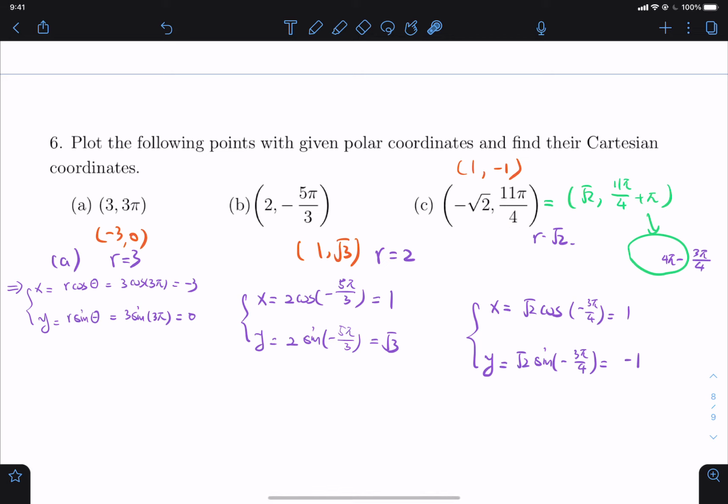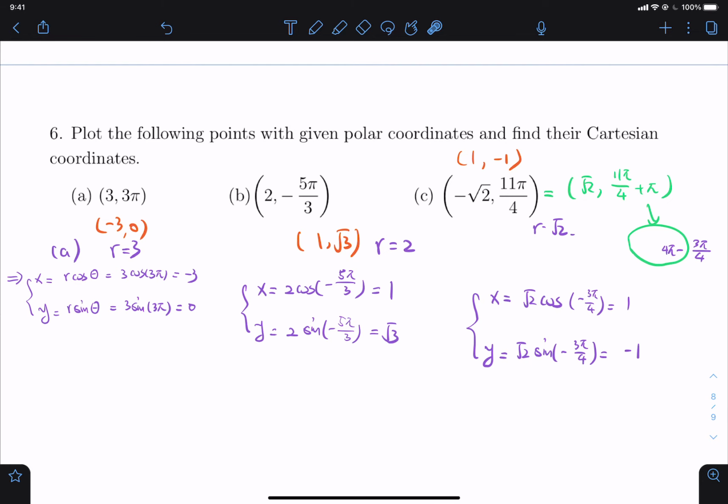And the angle here becomes this angle plus pi. Well, what is this? This is 4 pi minus 3 pi over 4, right? And we can ignore this 4 pi because it's located in the same position as the 3 pi over 4 is. So now after we figured out radius is 2, we can use x equal to radius times cos of this angle, negative 3 pi over 4, that is 1, right?